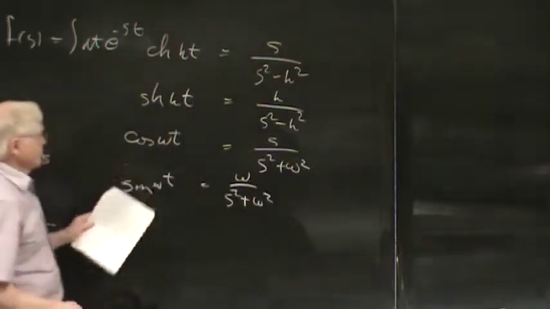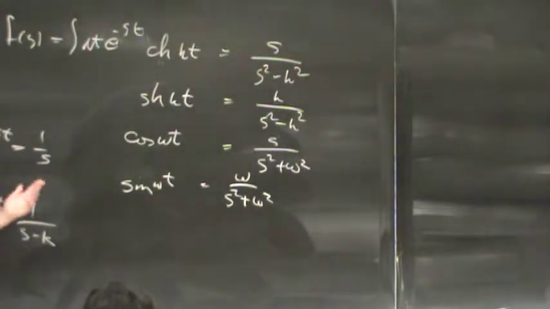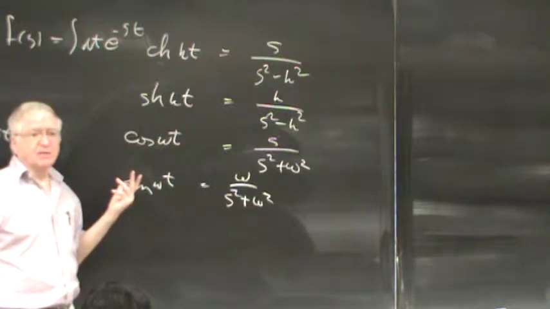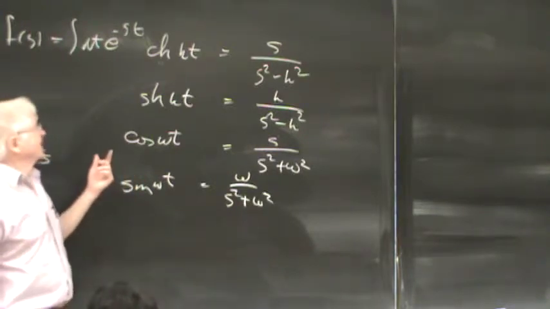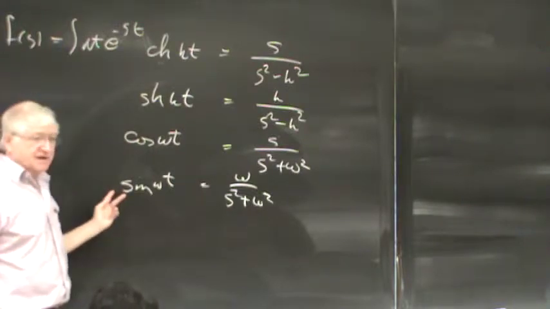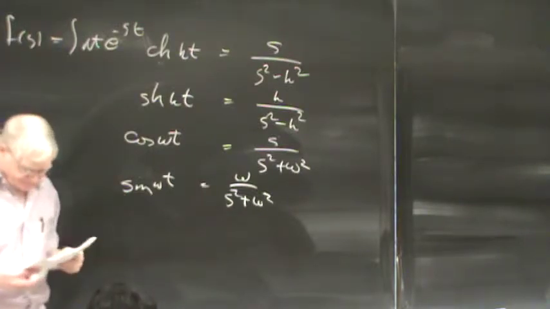So you notice these are all essentially the same. The reason they're essentially the same is that each of these functions is a pair of exponentials. They're real exponentials in these cases and imaginary exponentials in these cases.